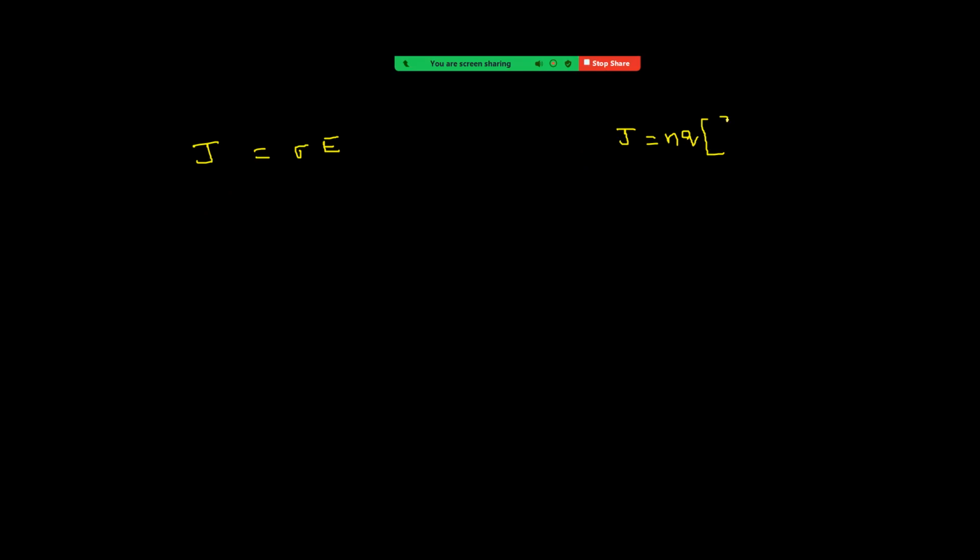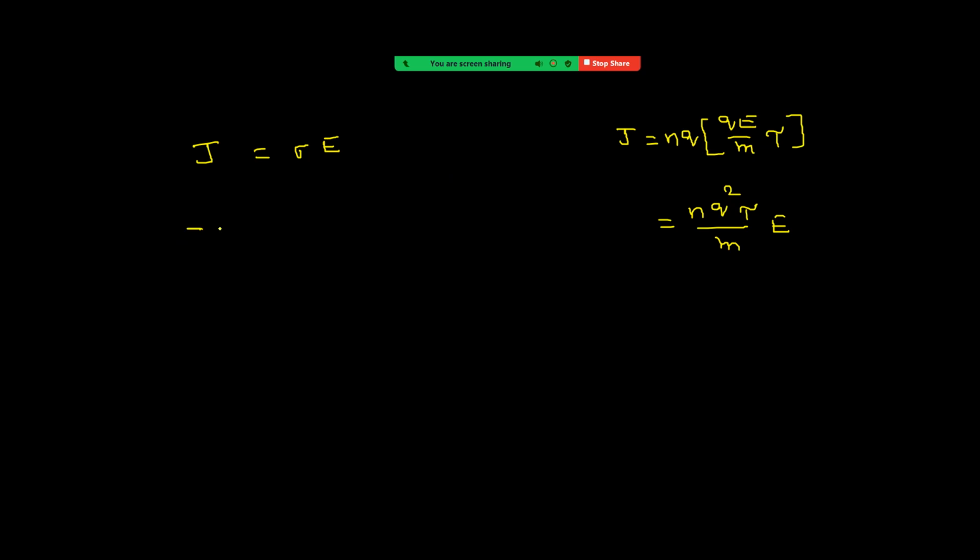In the place of drift velocity, we have taken force by mass, which is acceleration, into relaxation time, right? So in that we got n q square tau by mass into E.